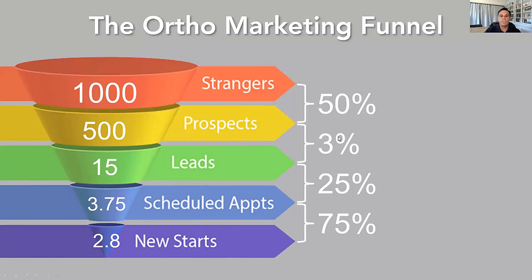But each one of these, if you can see, if we can improve each one of these percentages with actually doing a good job with our branding, having sophisticated campaigns, that's when we start getting more and more for our money. Because I can turn this 2.8 starts to 280 starts if I just spend $10,000 or $100,000 a month, right?